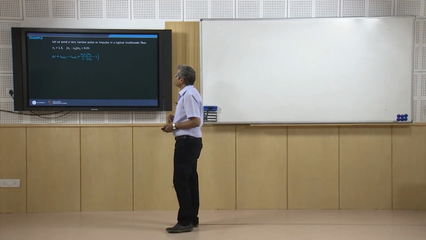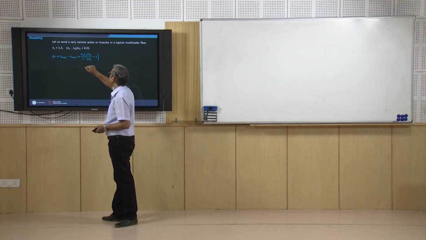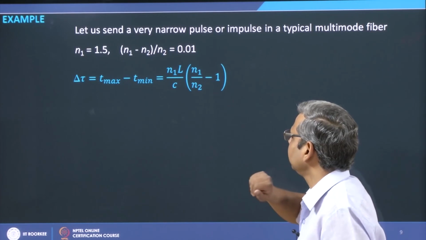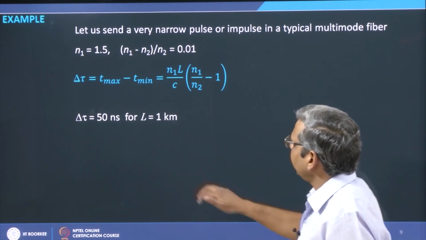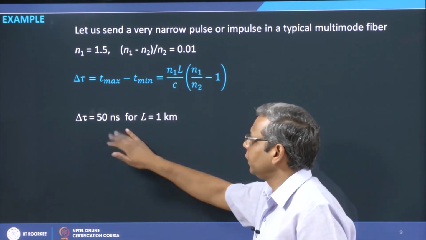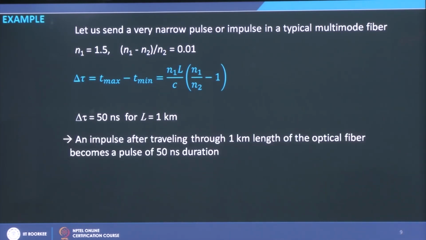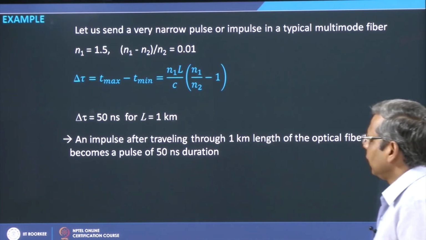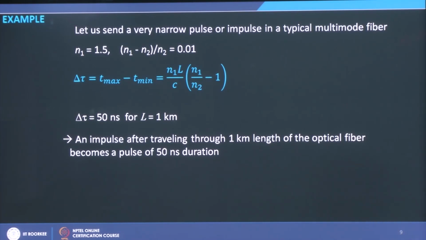For these values, if I calculate delta tau, given by N1 L by C times (N1 by N2 minus 1), for L equal to 1 kilometer, then this delta tau comes out to be 50 nanoseconds for 1 kilometer, which means that if I send an impulse, it will become a pulse of 50 nanosecond duration after traveling through 1 kilometer length of the fiber.